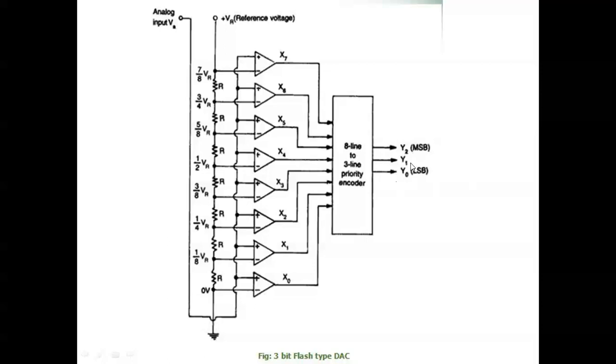Even though the other two are present, y2 will be taken into account and the output will be 1. It gives priority to the MSB, which has the most value. That's why we call it a priority encoder.